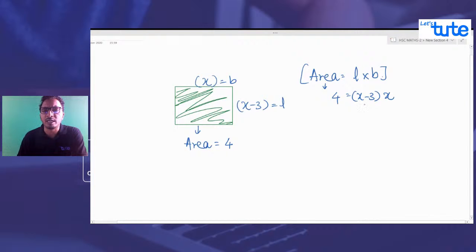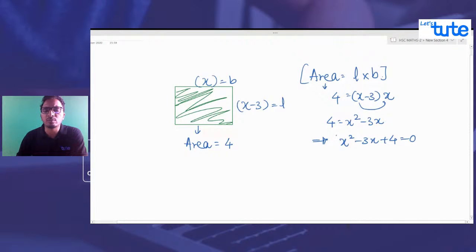So once we multiply and expand the brackets, what we're going to get is 4 equals x multiplied by x, which is x squared, minus 3 multiplied by x. So finally we will get x squared minus 3x plus 4 equals 0.